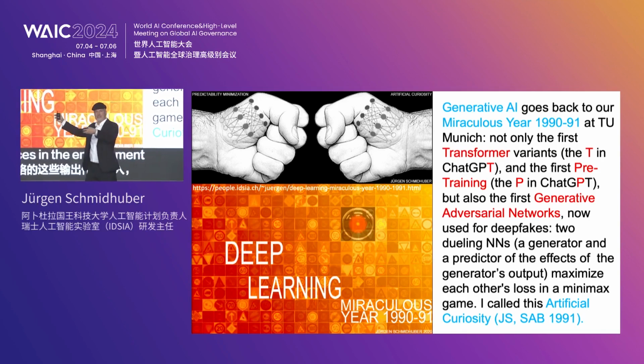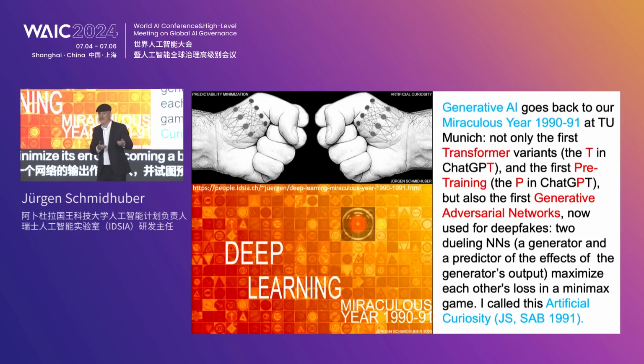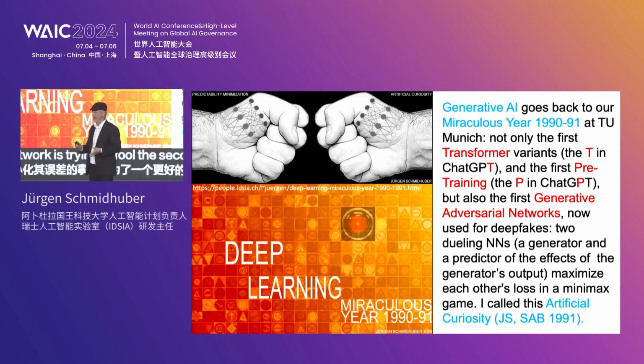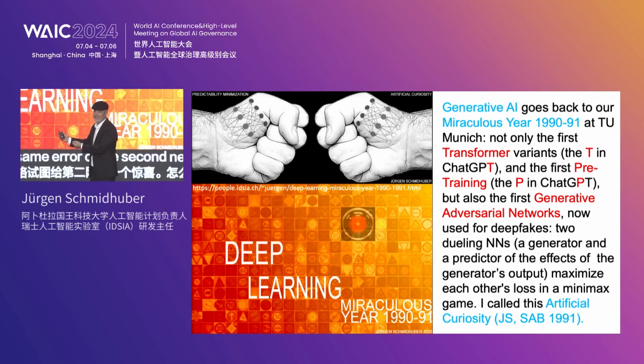So the second network is trying to minimize its error, becoming a better predictor, but the first network is trying to fool the second network, is trying to surprise the second network. How? Well, it's trying to maximize the same error that the second network is minimizing.